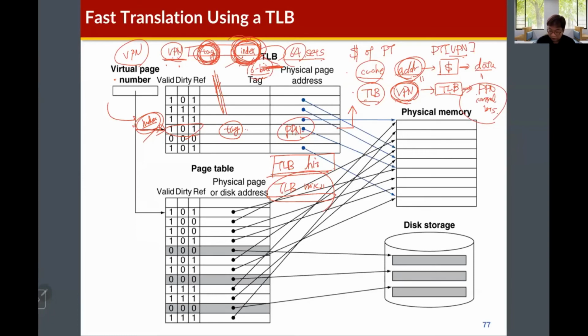So in this case, this is the TLB miss, which means that this TLB does not have the requested mapping information. Okay. So in this case, we need to access the page table in main memory.